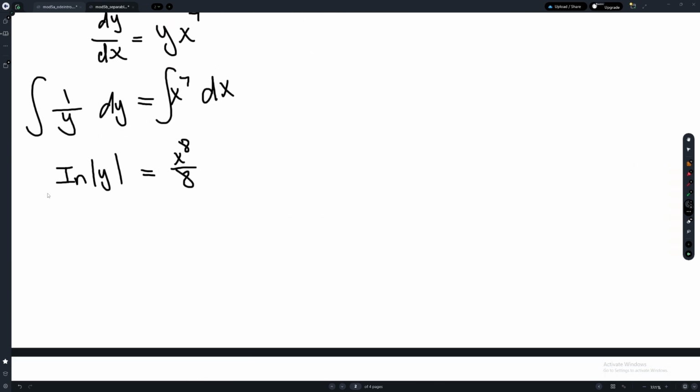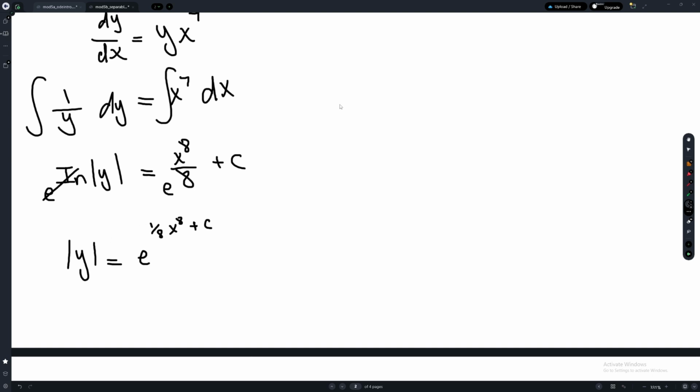We can raise this to e, and then when you do that, you raise this to the e. So this will cancel out. You'll get the absolute value of y. Don't forget your arbitrary c. Okay, so we have this 1 over 8 x to the 8 plus our c. Okay, because this is supposed to have a plus c here. All right, so we raise them.